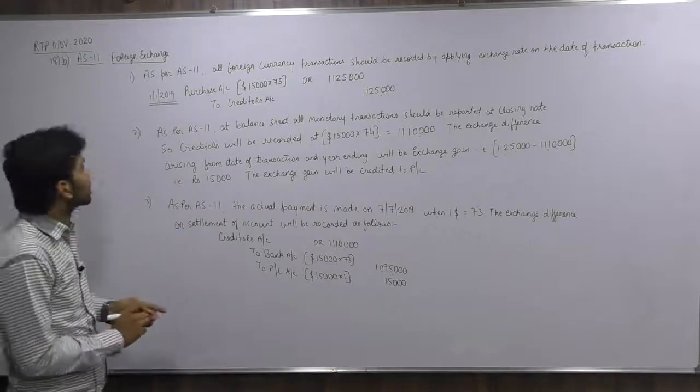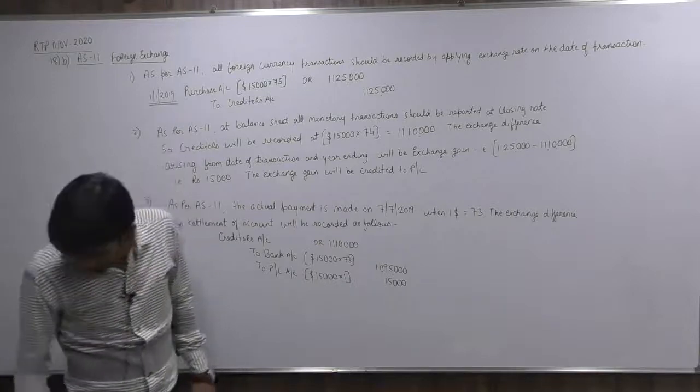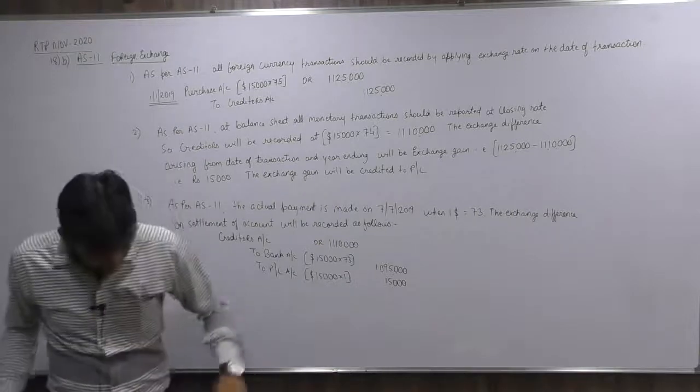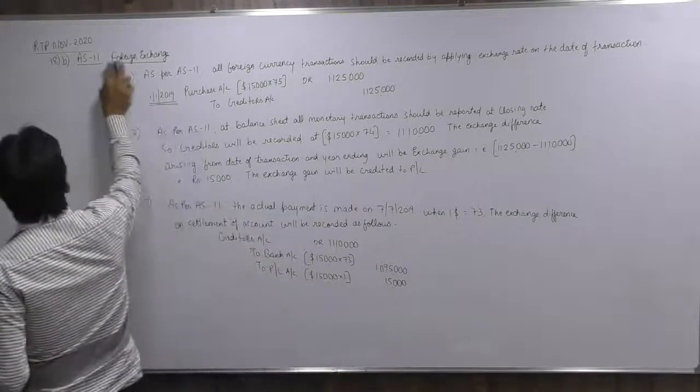That's it. This is AS11 foreign exchange. That is question number 18B of RTP November 2020. Now let's move to question number 19A, that is government grants. Let me clear this.